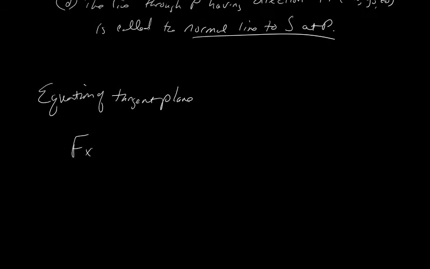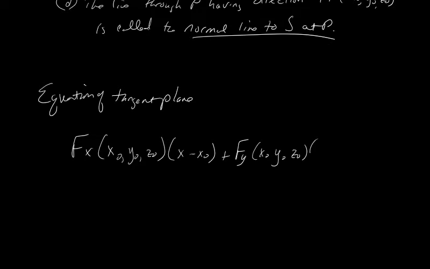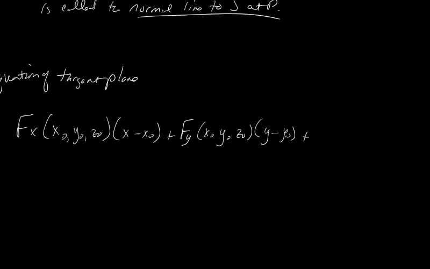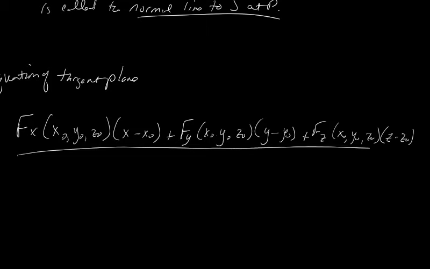The partial derivative of F with respect to x at x naught, y naught, z naught times x minus x naught, plus the partial derivative of F with respect to y at x naught, y naught, z naught times y minus y naught, plus the partial derivative of F with respect to z at x naught, y naught, z naught times z minus z naught, is equal to 0.